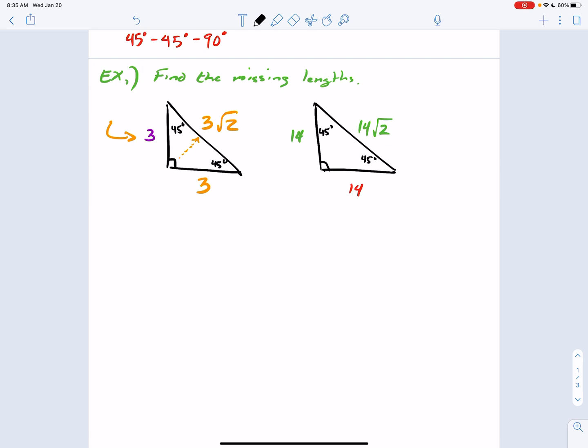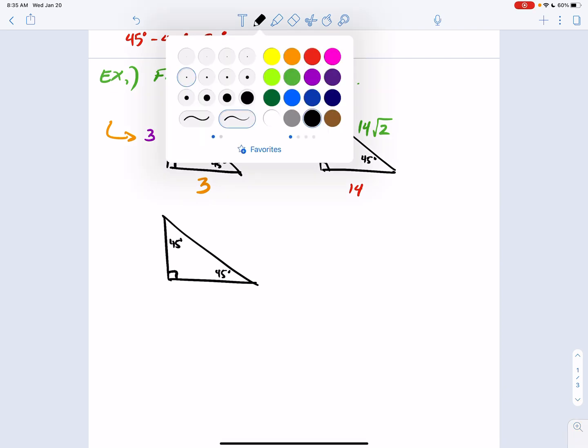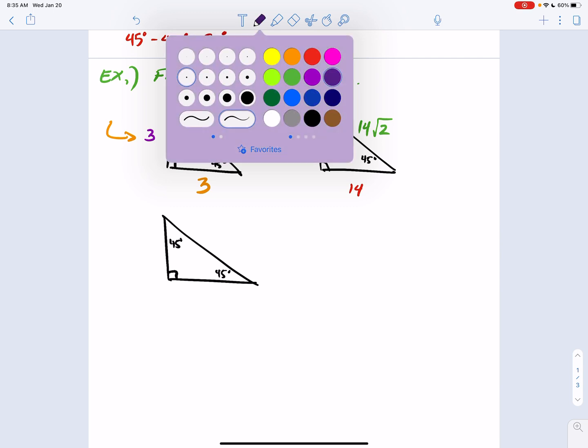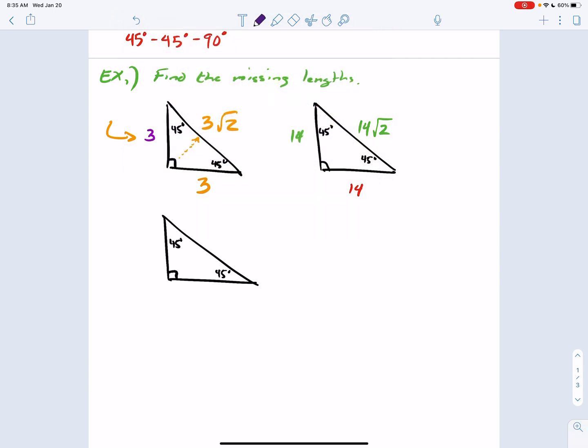Okay, here's one more. We can call this part C if you'd like. What if I told you that this is 8 radical 2? Okay, go ahead and figure out the two missing sides there and press play when you're ready.